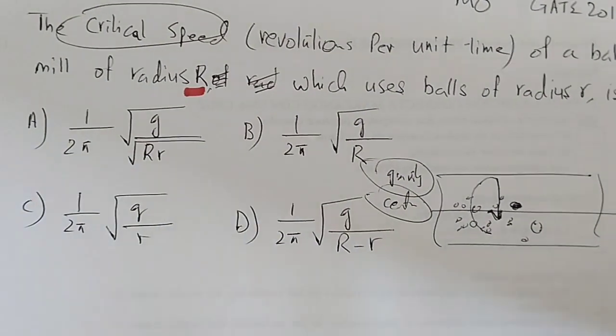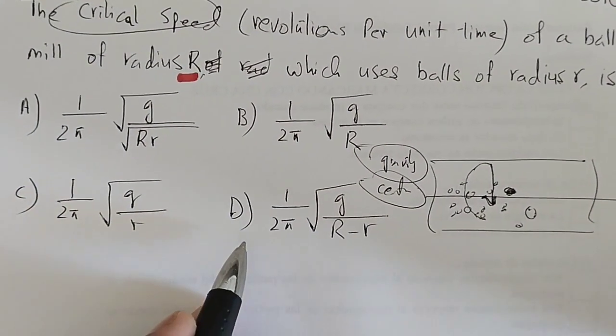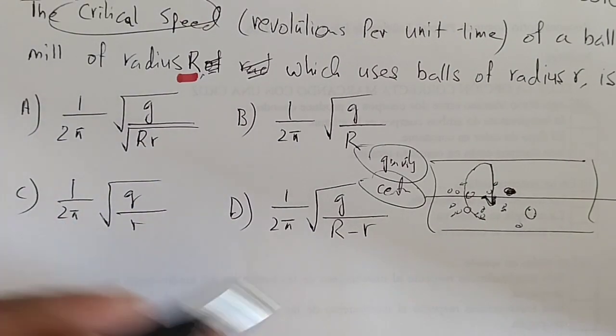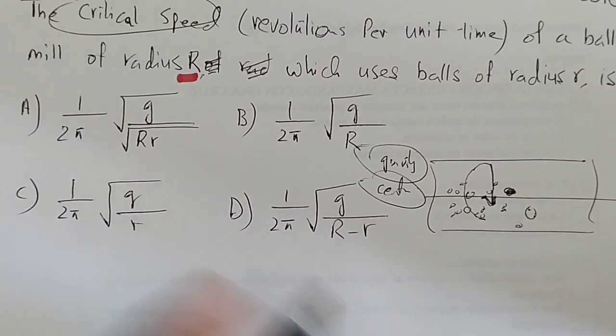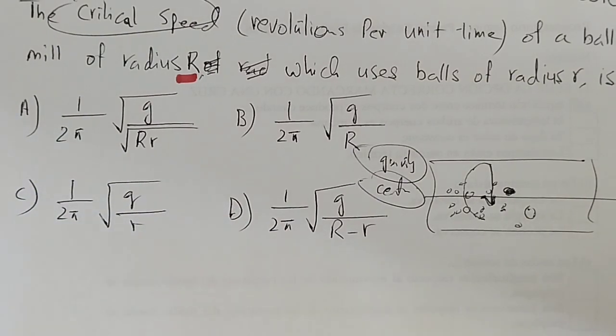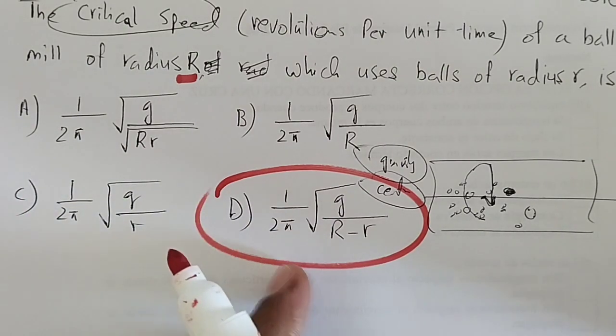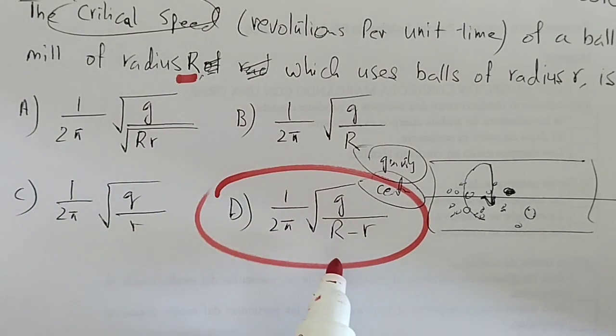So these are the four options. As I told you, this is very straightforward. When you do the balance, the answer coming out is 1 by 2 pi square root of g upon (R minus r), where R is the radius of the mill and r is the radius of the ball.